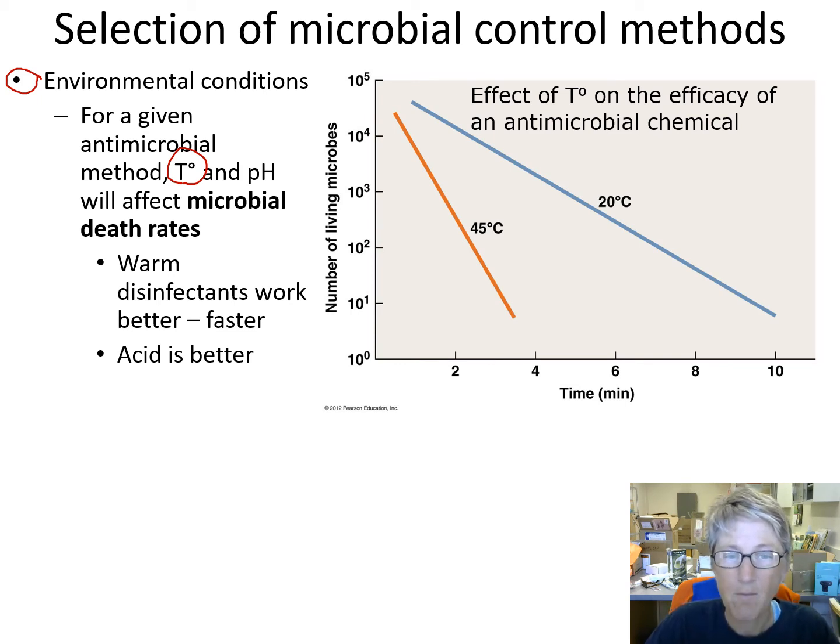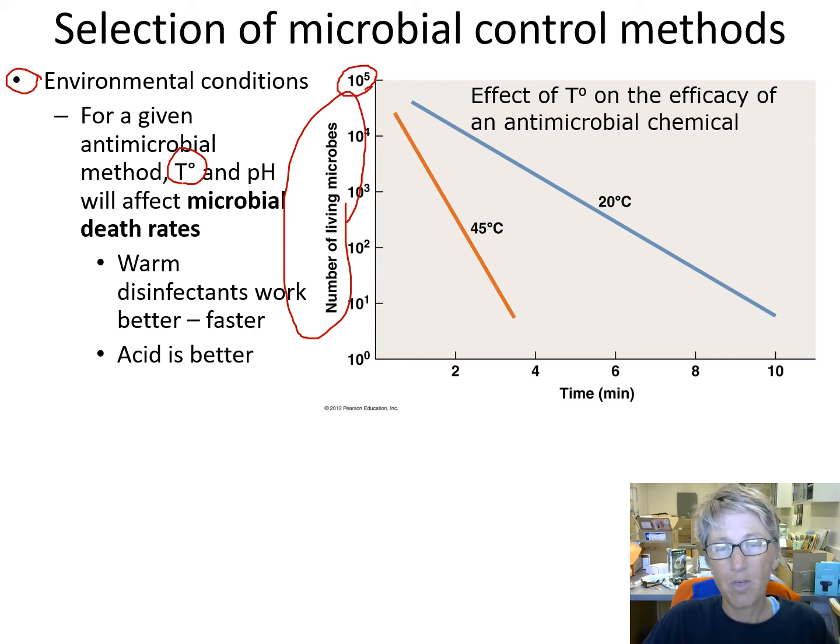So let's look at this graph. Here's the number of living microbes. We start with 10 to the 5th. Here's the time on the x-axis, and then these are the temperatures. At 45 degrees C, it's the orange line.